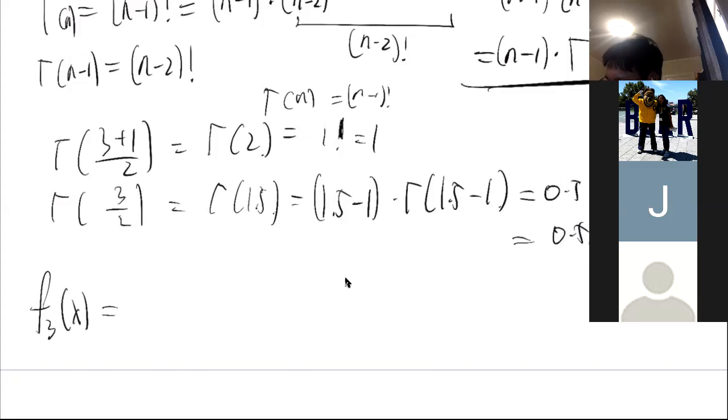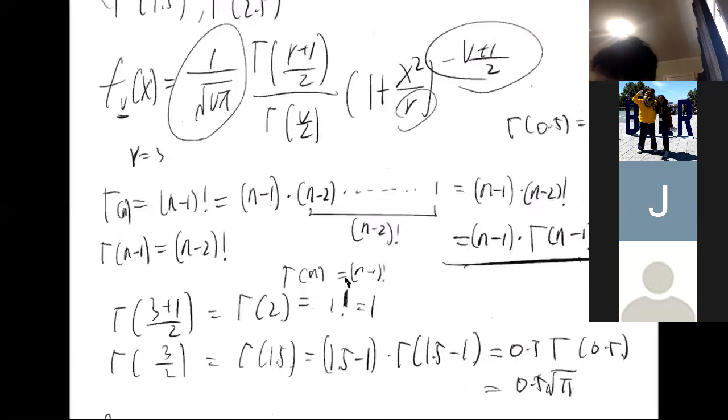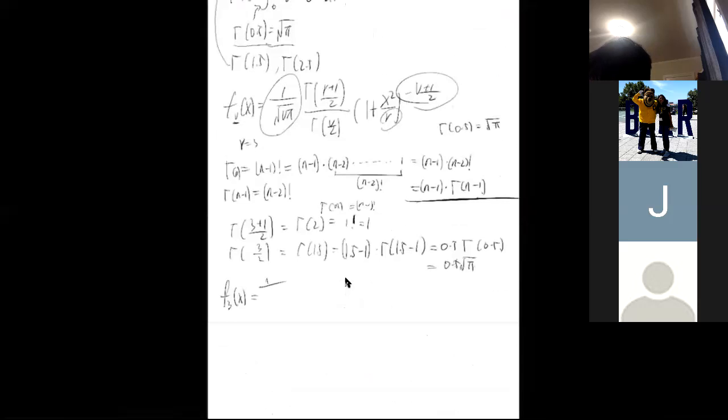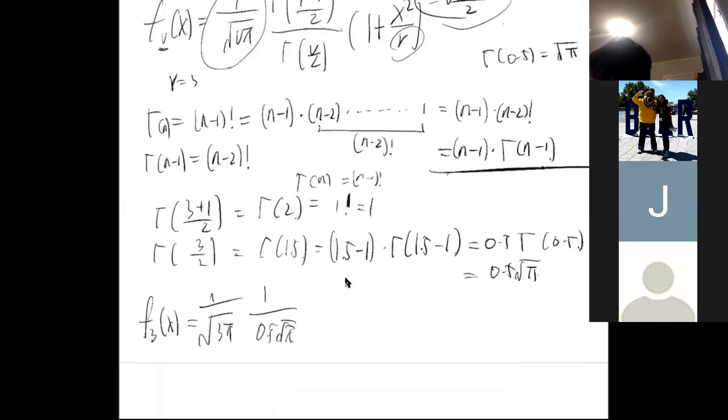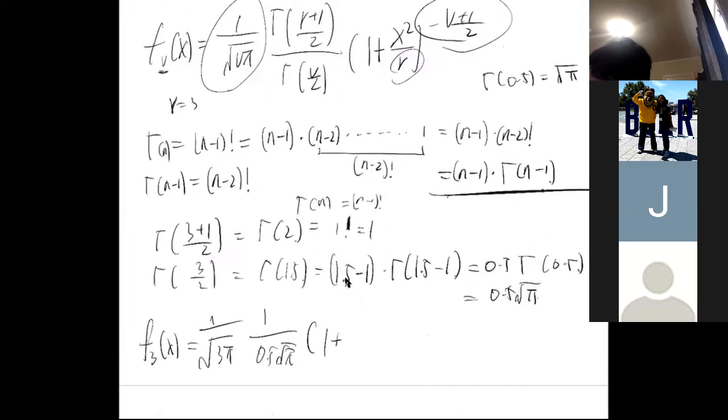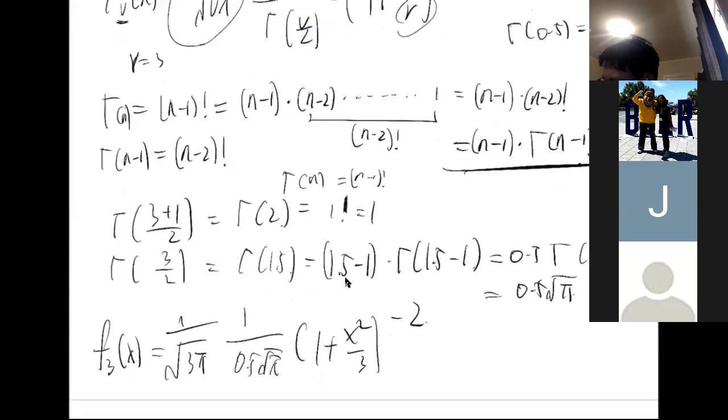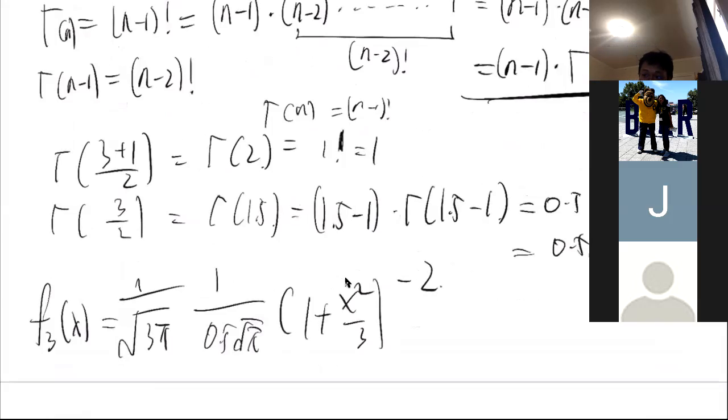That's 1 over square root of 3 pi, times 1 for gamma of 2, over 0.5 times square root of pi for gamma of 1.5, times 1 plus x squared over 3, to the negative (3 plus 1) over 2, which is 2. So that's our result for the PDF with 3 degrees of freedom.